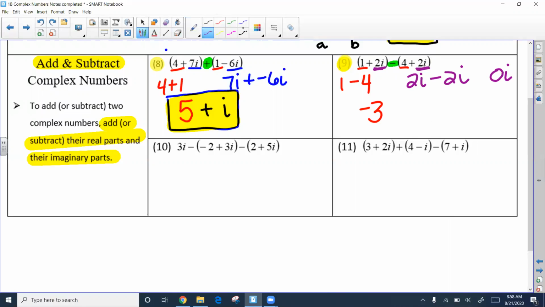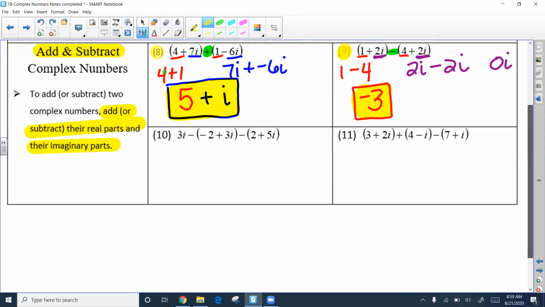In this case, the imaginary part added up to 0, and so our answer on this one is just −3. Another way to think about subtracting is you can distribute the negative to both of these, so we'd have a −4 and a −2i. You can think of it that way as well.